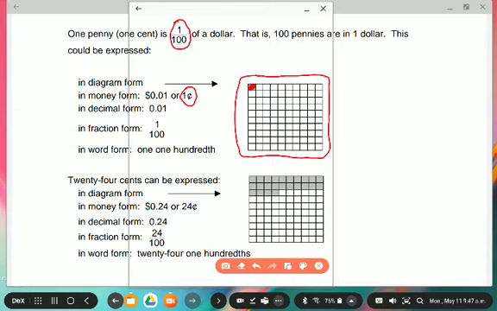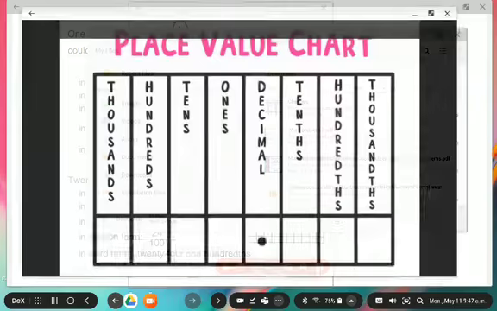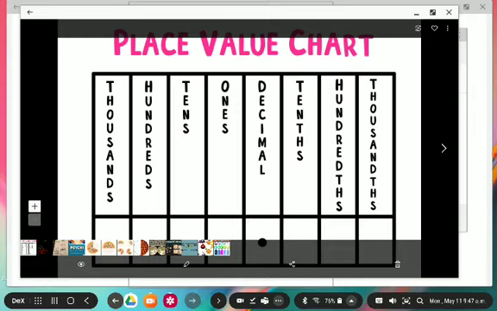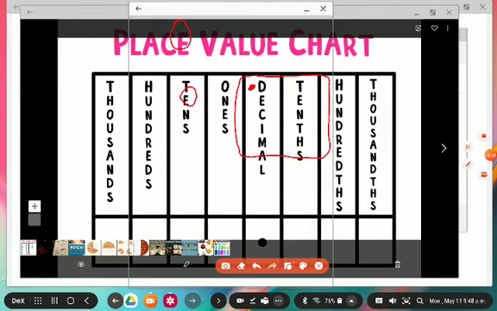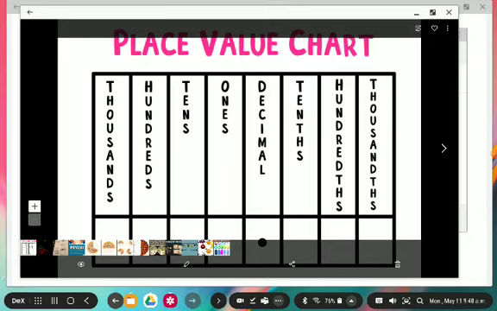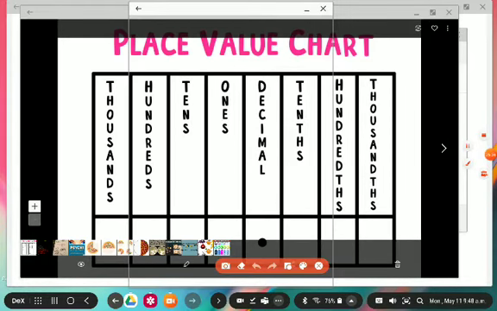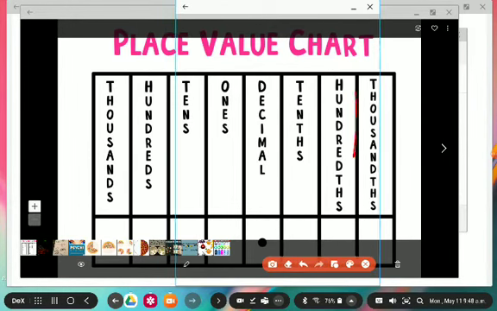So if we go back to our hundreds chart right here, if we just have 1 penny, would it be in our 10th section or would it be in our 100th section?